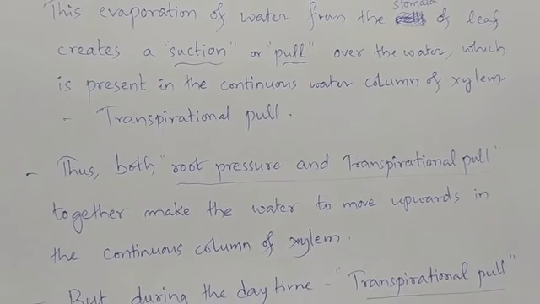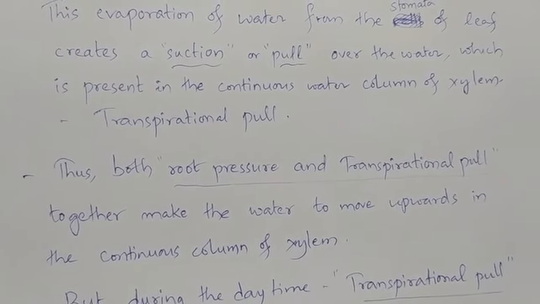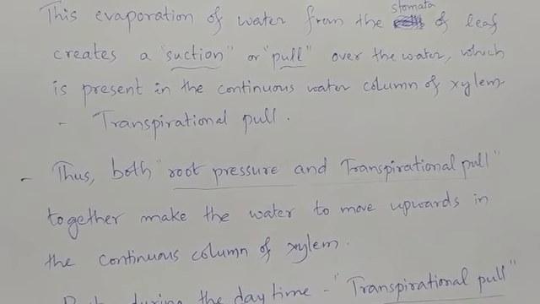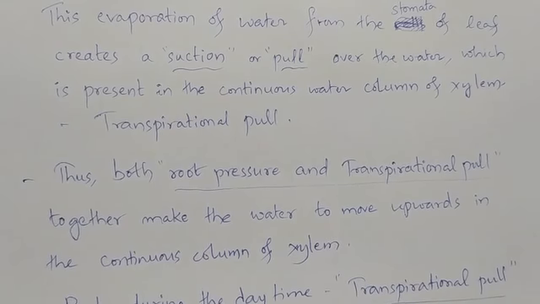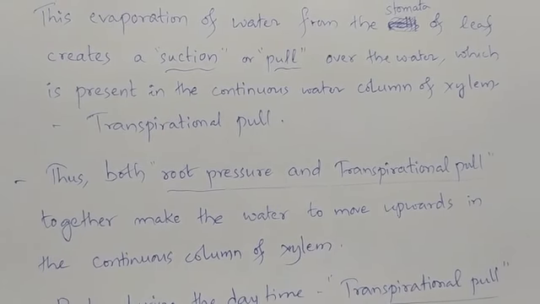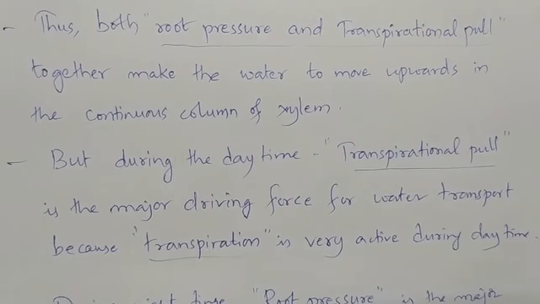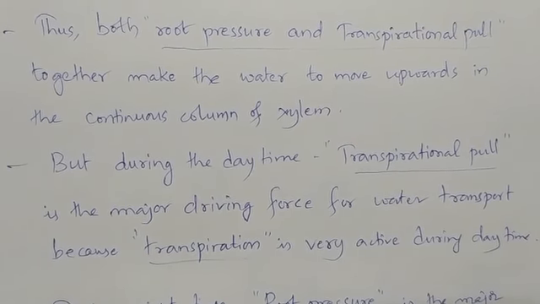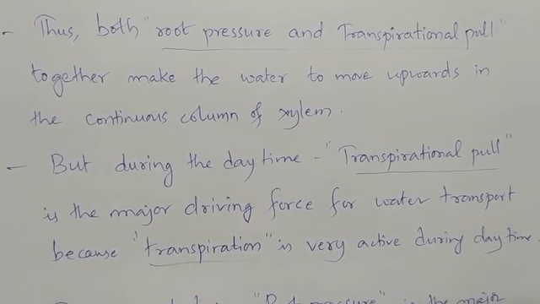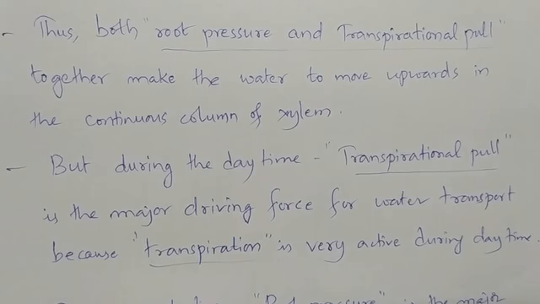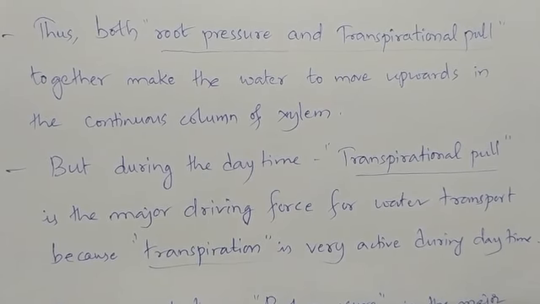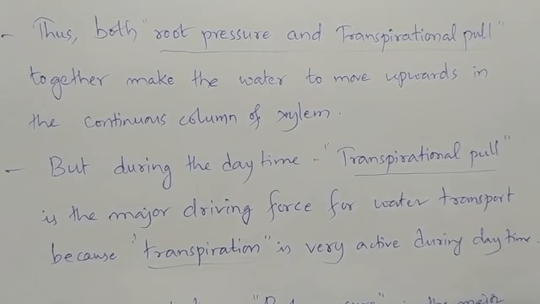This suction or pull over the water that is created by transpiration is known as transpirational pull. Thus, both root pressure and transpirational pull together make the water move upwards in the continuous column of xylem.